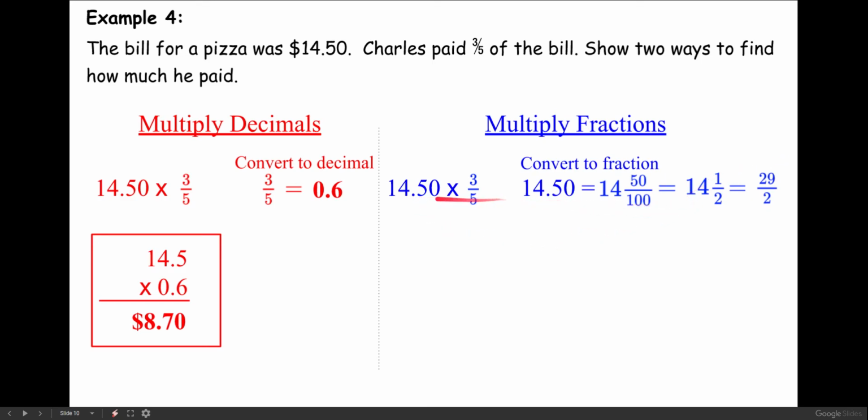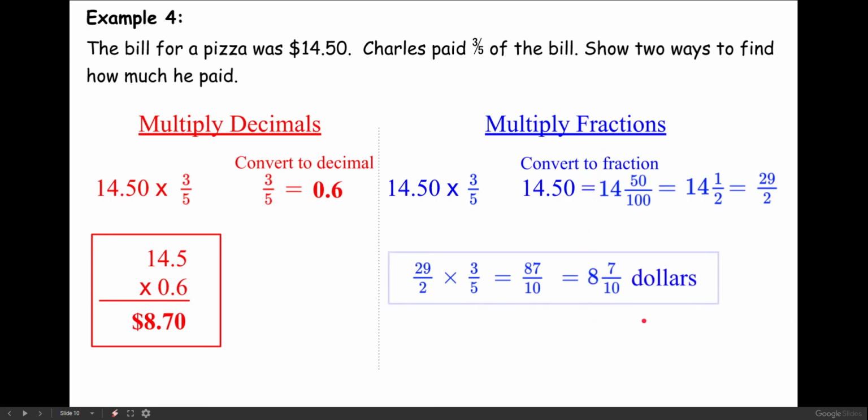So now we've turned $14.50 into an improper fraction, which is 29/2. We're going to multiply that with 3/5. When we multiply 29 times 3, we get 87. If we multiply 2 times 5, we get 10. And then we have to turn this back into a mixed number. And so we get 8 7/10. Now, 8 7/10 what? Well, 8 7/10 dollars. Like I said, a bizarre way to show this, which is why this is not my favorite question.